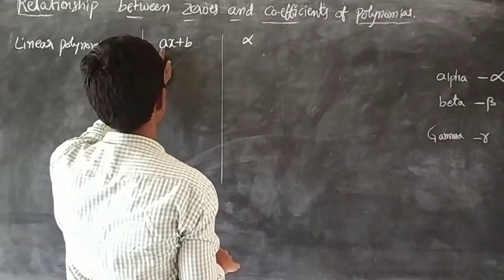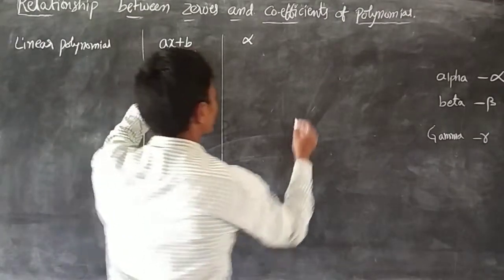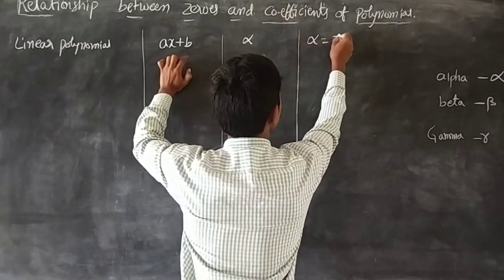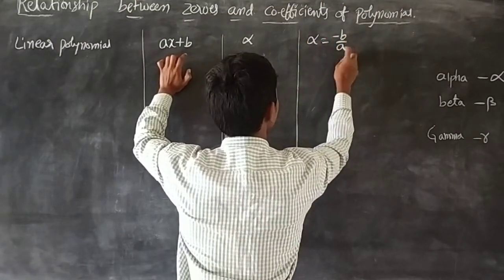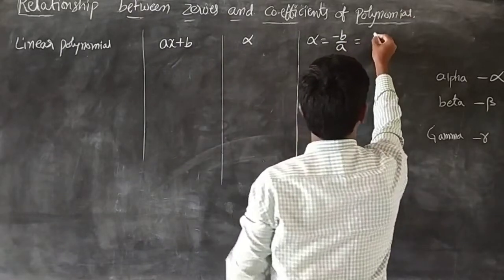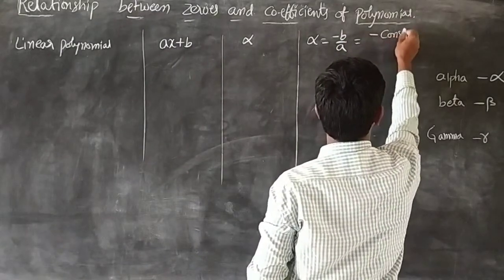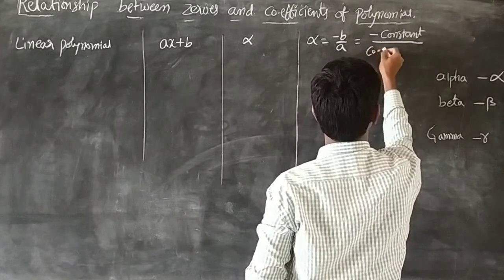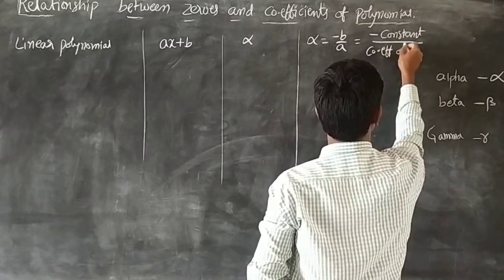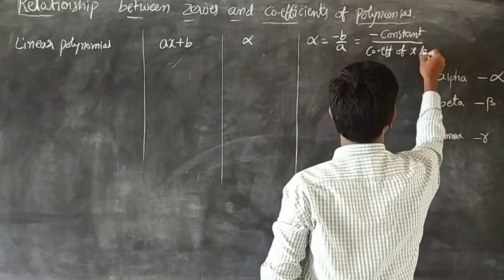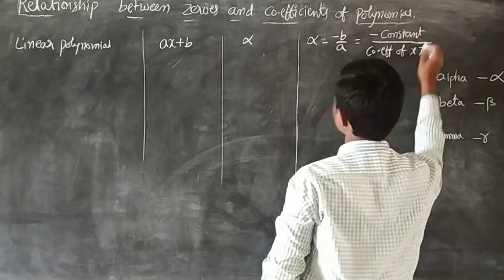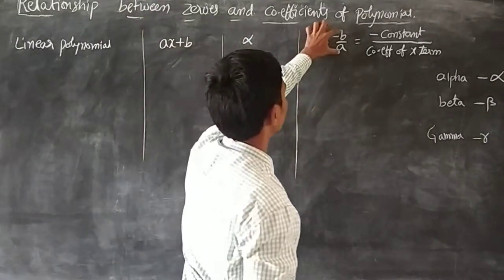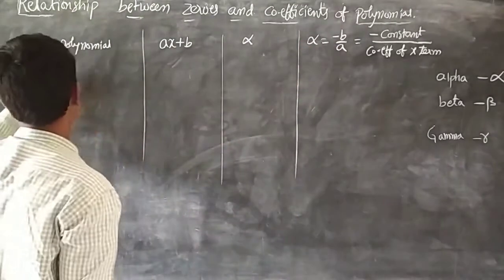Here the x coefficient is a and b is the constant. The zero alpha is equal to minus b by a, which means minus of the constant by the coefficient of the x term. This is the relationship between the zero and the coefficient terms in a linear polynomial.